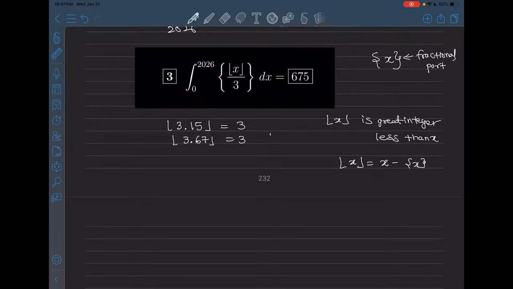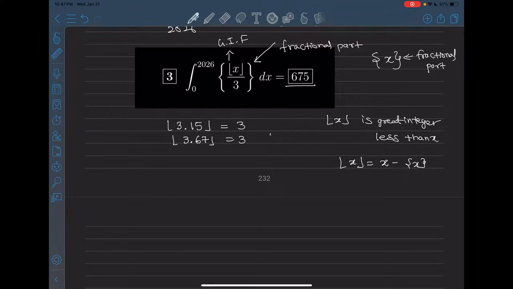Oh yes, I see what you're saying. The outside curly brace definitely is the fractional part. This is very interesting. Exactly what you're saying is right. So this bracket is the greatest integer function, and the outside braces is the fractional part.